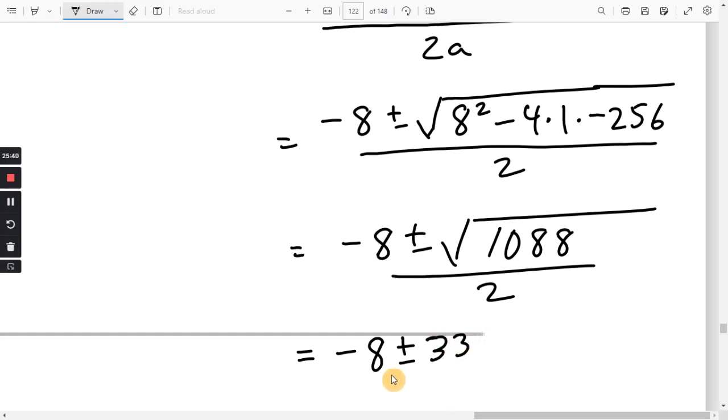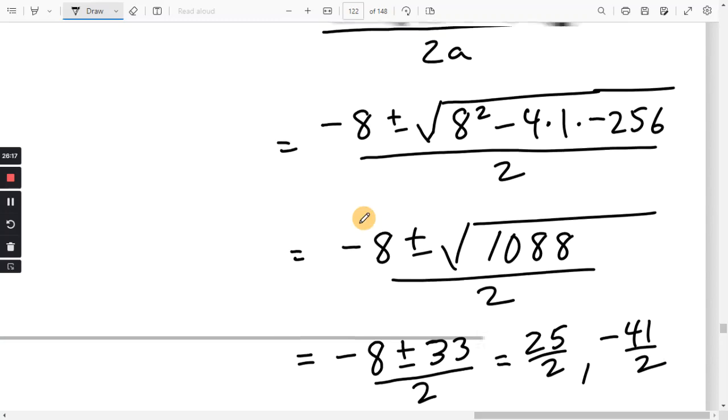So I'll just leave it as 33. Negative 8 plus 33 is going to be 25 over 2, and negative 8 minus 33 is going to be negative 41 over 2.